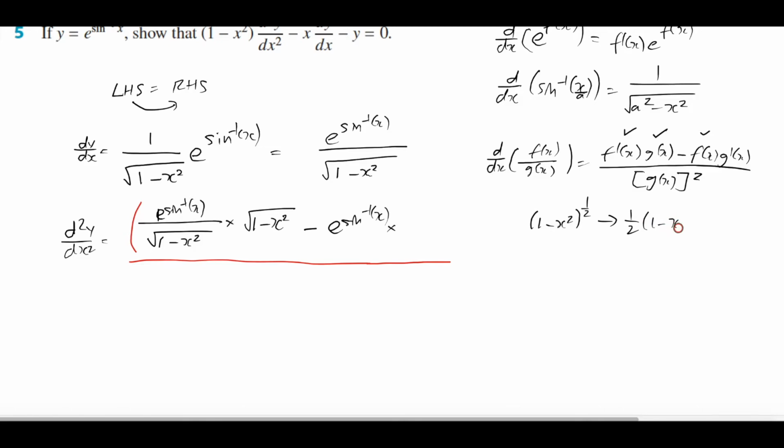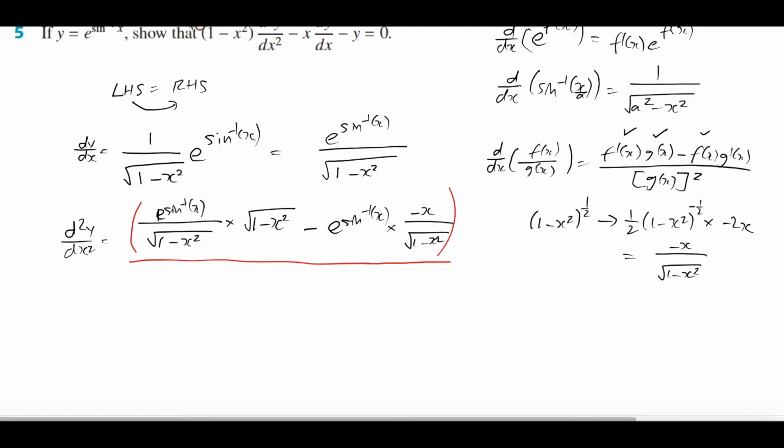Half times (1 minus x squared) to the power of half minus 1, which is negative half, times the derivative of the inside, negative 2x. If we simplify that, we get negative x over the square root of 1 minus x squared. We multiply that by e to the sine inverse of x, and that finishes the function on top.